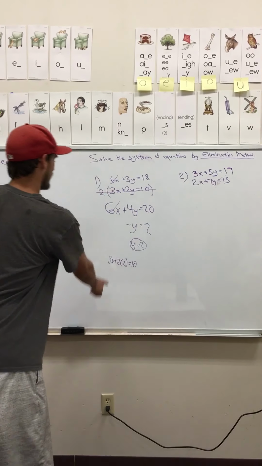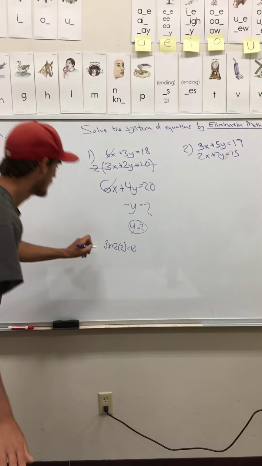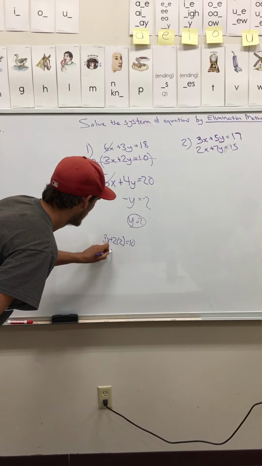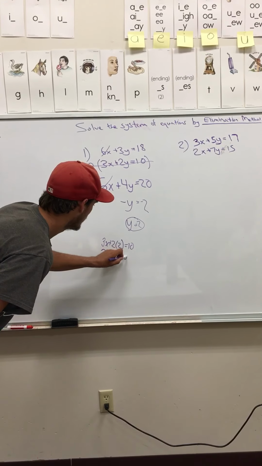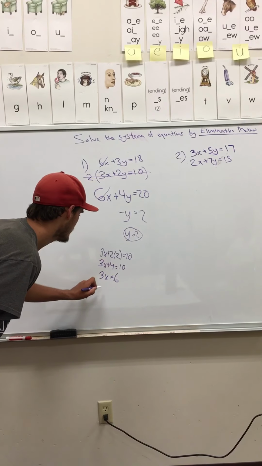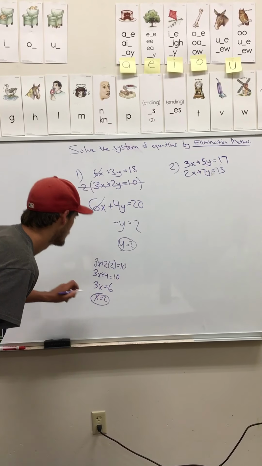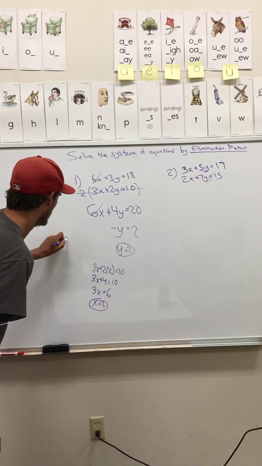I chose the bottom one, so it's now going to read 3x plus 2 times 2 equals 10. So that gives us 3x plus 4 equals 10. And subtract over the 4, gives you 3x equals 6. Divide by 3 gives you x equals 2. So your solution to the system of equations is (2, 2).